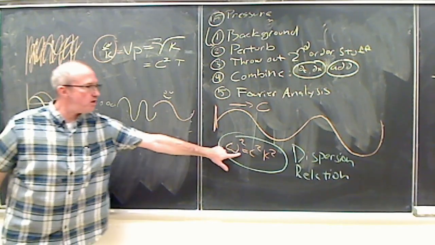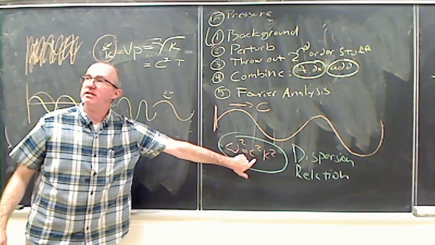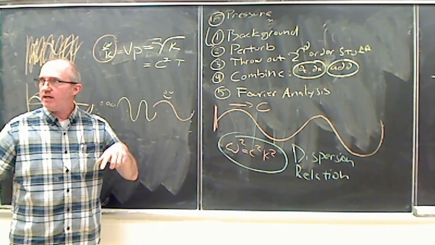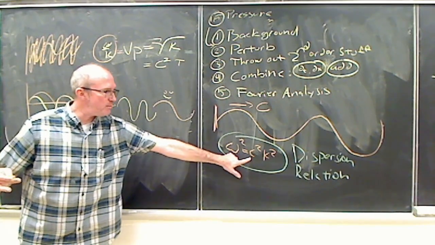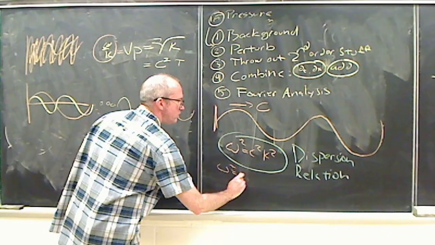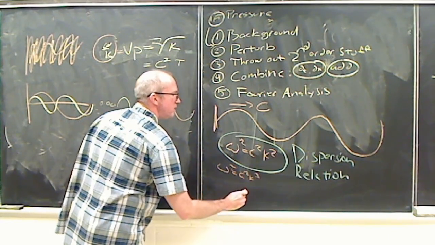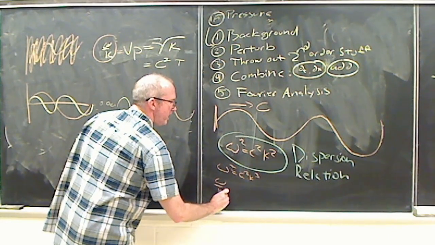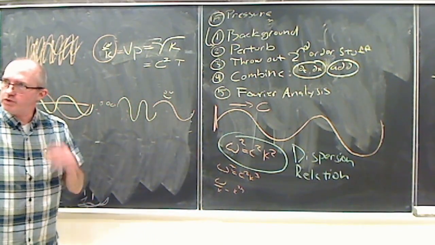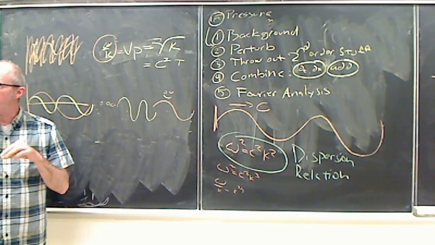So when I write omega over K here, all I'm left with is C. But when I do it for the deep water waves or shallow water waves, then I get something that's not C. I get something that looks like omega squared equals C squared K cubed. So when I do omega over K, I'm left with a square root of K. Okay. That makes sense? So we'll see a more non-trivial dispersion relation in a minute.